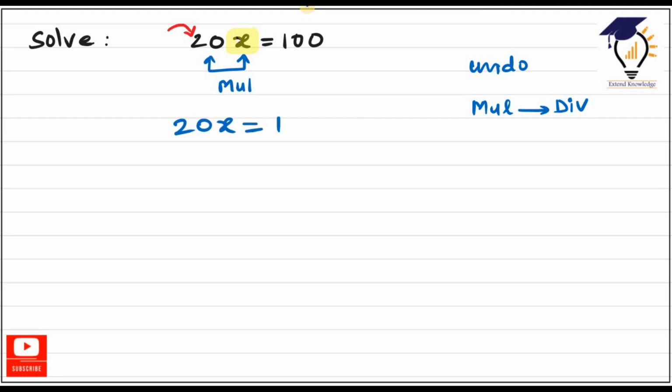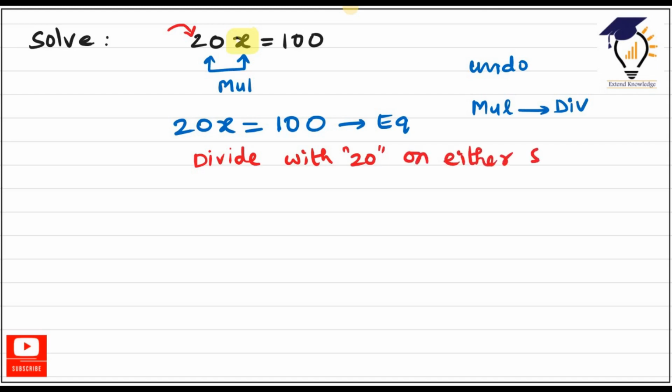20x is equal to 100, which is the given equation. For this equation to be solved, 20 has to be removed from the left side. So I am doing the inverse operation of multiplication, which is divide with 20 on either side. 20x over 20 is equal to 100 over 20.